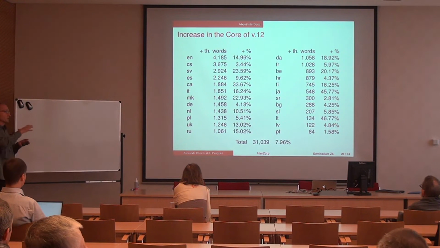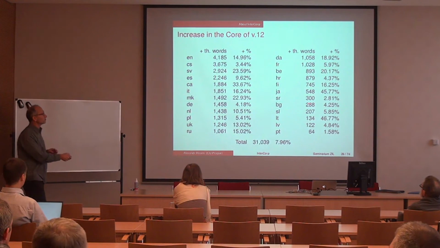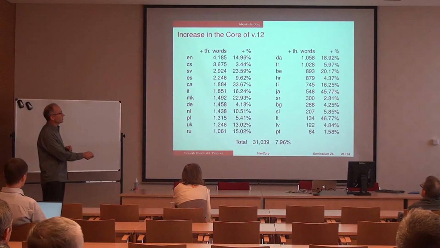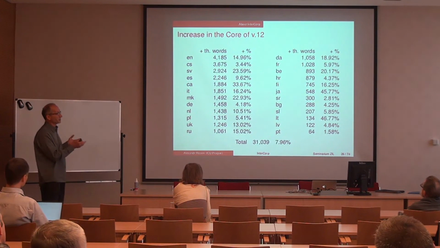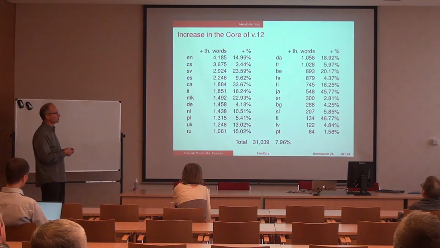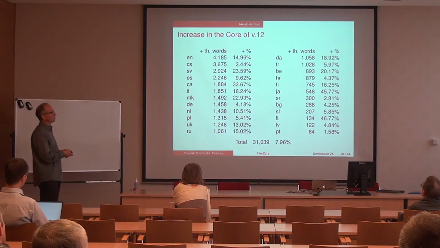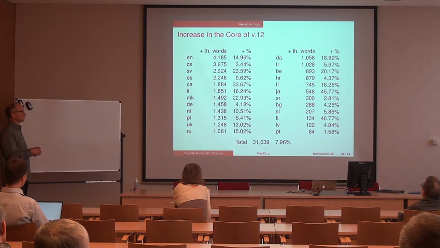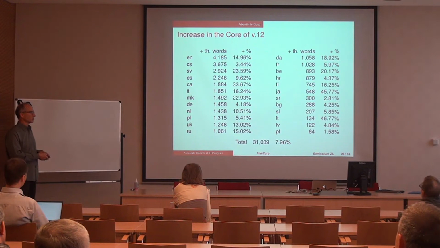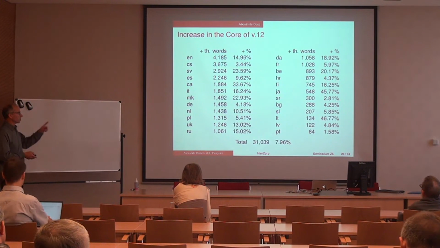But Polish already has quite a lot. If you compare it with Japanese, for example, it had about 7 novels, so now it has 13. So clearly the increase is much larger, but the total is still small. That's the total number, so about 8% increase in the number of all languages for the core part.